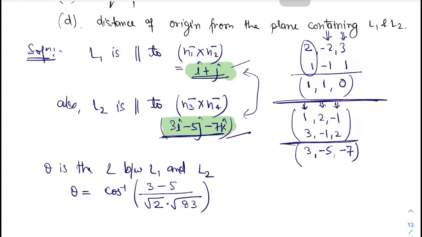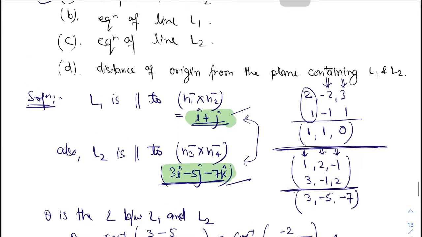So the final answer is cos inverse of minus 2 upon root 2 into root 83. So this is the angle between lines L1 and L2.